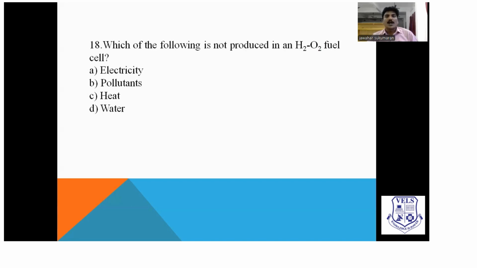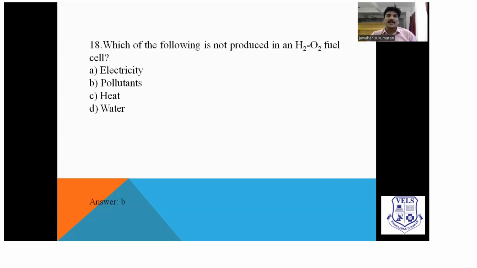Which of the following is not produced in a H2-O2 fuel cell? A. Electricity, B. Pollutants, C. Heat, D. Water. Which one? Answer is B. Pollutants.